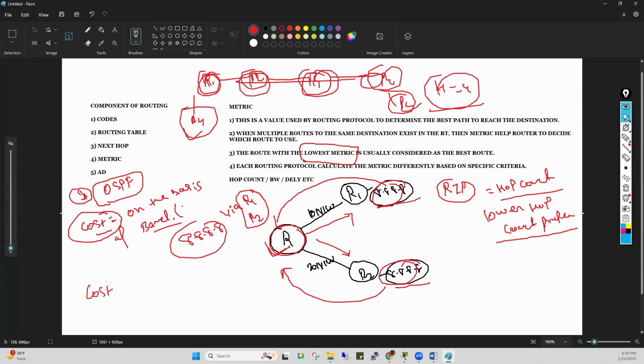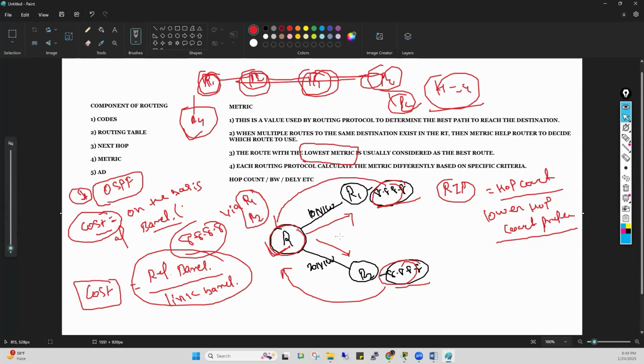I will explain this later when I teach you OSPF. Right now just understand that in case of OSPF, the router calculates the cost using one formula: reference bandwidth divided by link bandwidth. We will discuss these things in a very detailed way. But right now just understand, in case of the OSPF routing protocol, the router uses the metric called cost.